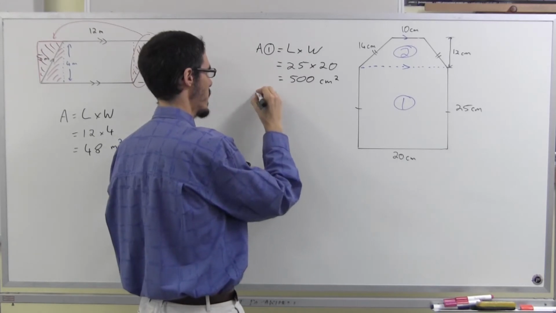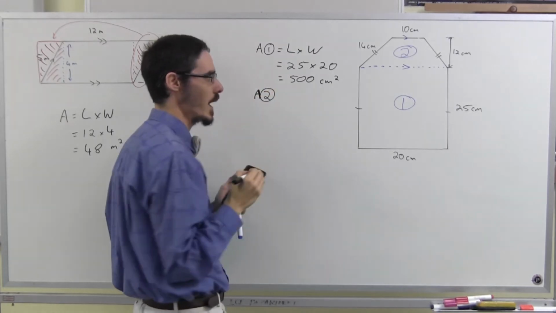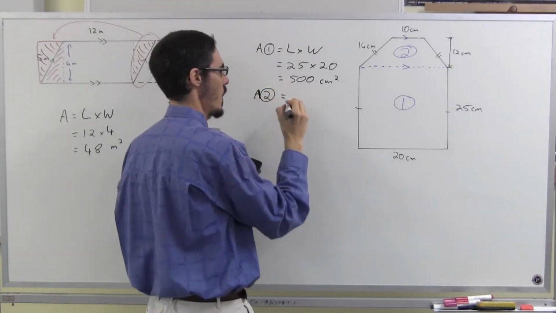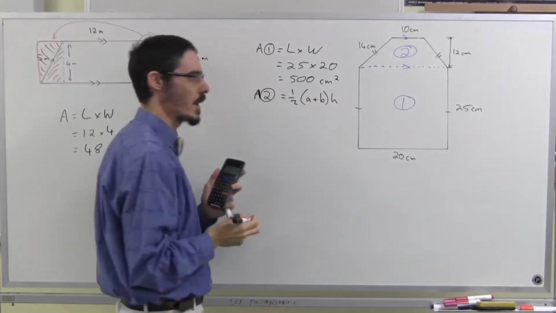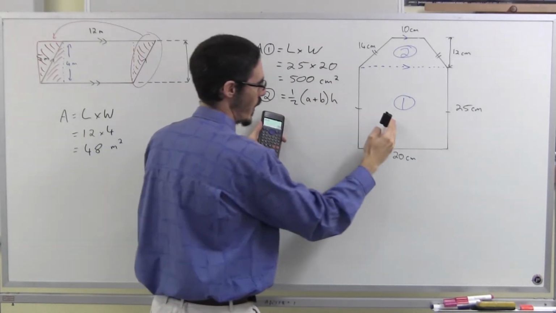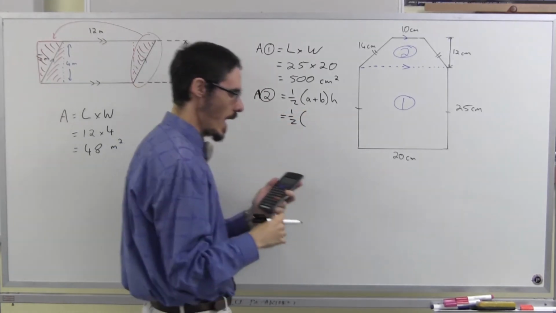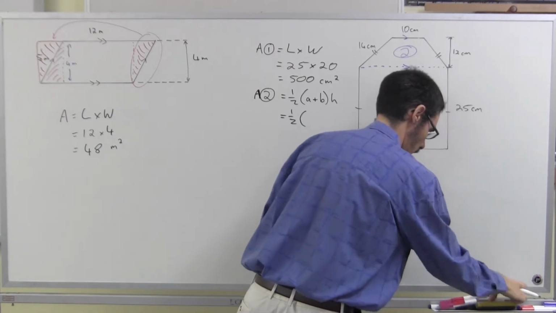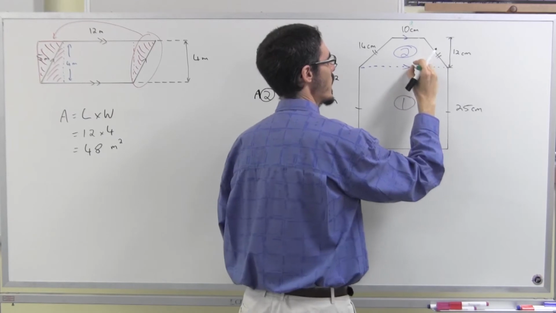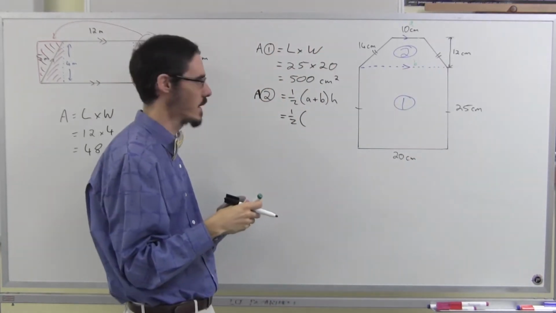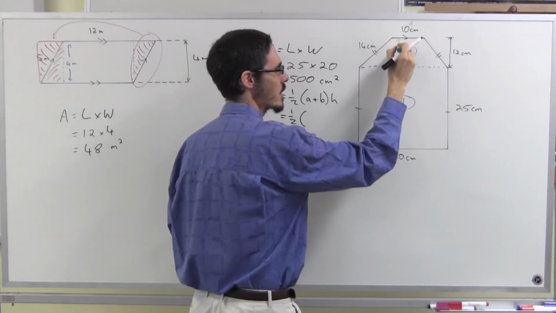Okay, area 2. If you remember the formula for the area of a trapezium, well, it's half A plus B times the height. I'm going to run out of room, I might start writing over the top of my shape here. Half, now A and B have to be the two parallel sides, and H has to be the perpendicular height.